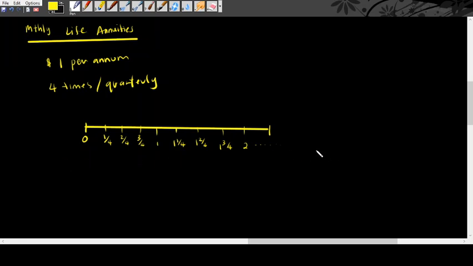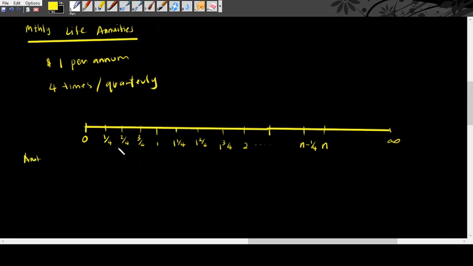If it is up until end of term, the last payment would be here, n minus 1/4. Okay, so the amount of the payment says $1 per annum.